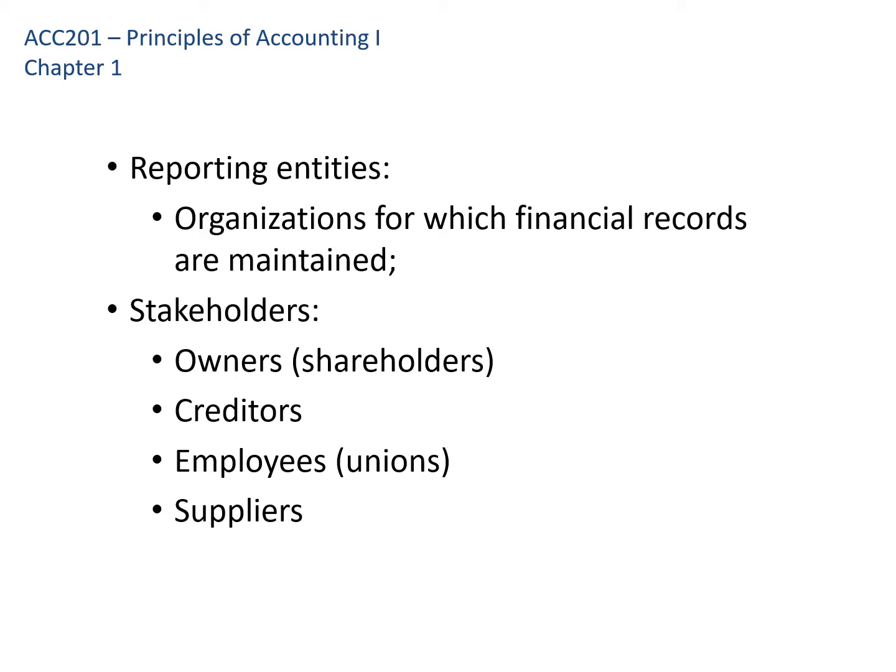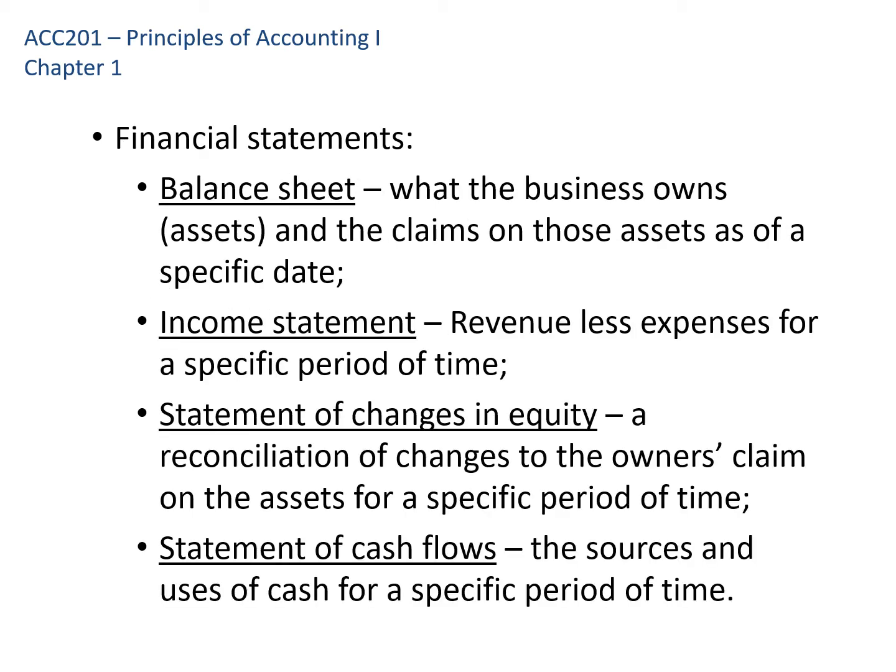So the results of a company financially are communicated through financial statements. And financial statements, there are 4 of them, 4 primary financial statements. The first one is the balance sheet. And the balance sheet indicates what a company owns. So they own things like a building, they own cash in the bank, they own maybe trucks and machinery.